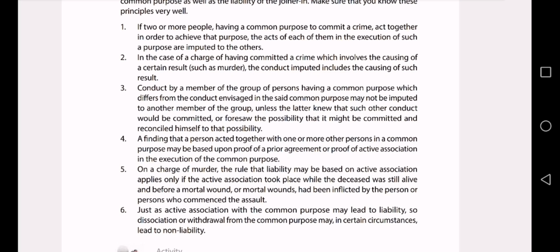On a charge of murder, the rule that liability may be based on active association applies only if the active association took place while the deceased was still alive and before the mortal wound or wounds had been inflicted by the person or persons who commenced the assault.